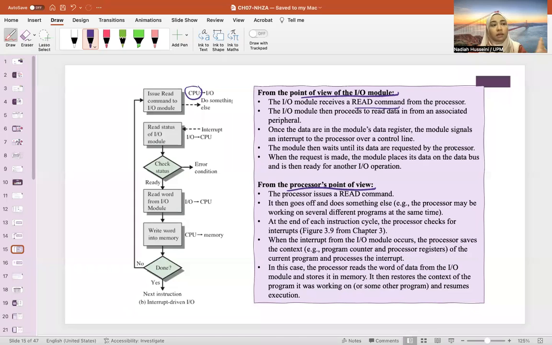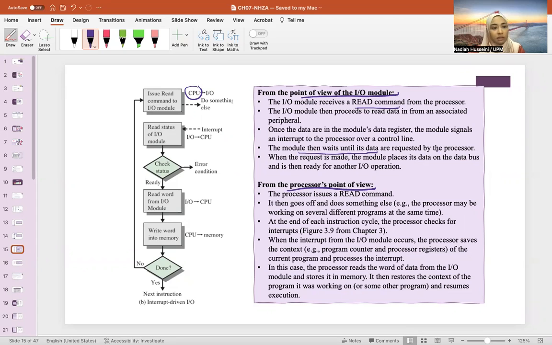Basically, when it interrupts, the processor will finish executing whatever it's currently doing, and when that cycle is done, it will respond to the interrupt. This is what it means when the module waits until the data is requested by the processor. When the request is made, the module places its data on the data bus and is then ready for another IO operation.